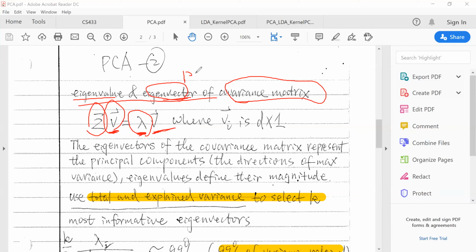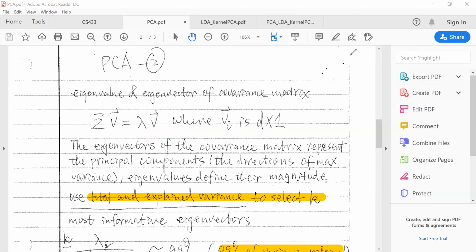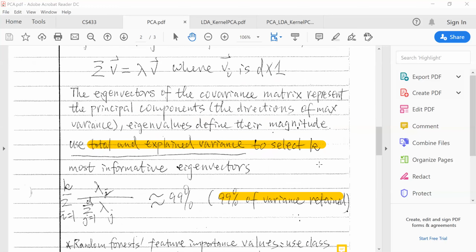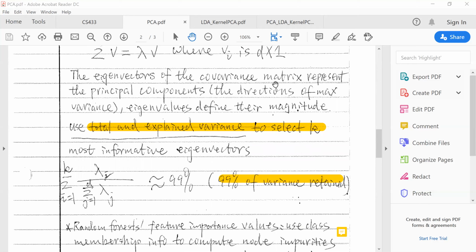This eigenvector is going to be our principal component. In our diagram, it's that U1. So you can find this U1 eigenvector, and once you have found it, you can do the projection. That's the idea of the principal component and how we find it.